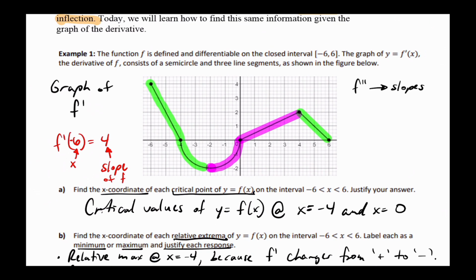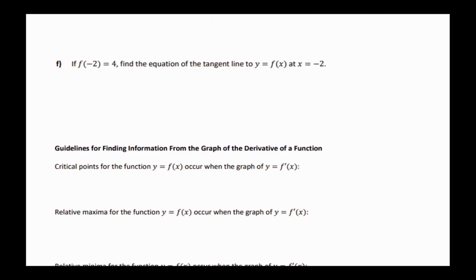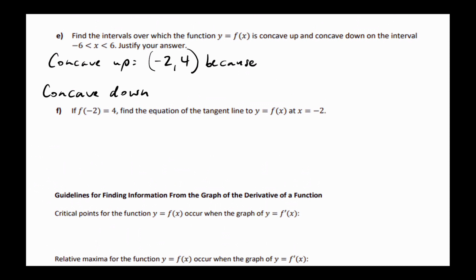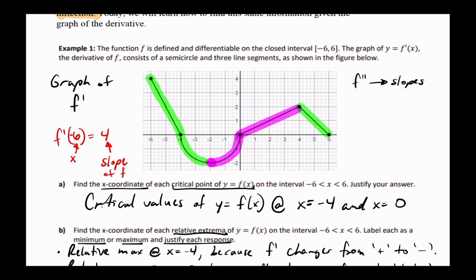Okay, so let's go write. Concave up looks like it's from -2 to 4. Concave up from -2 to 4. Let's write concave down. Concave down has 2 intervals.